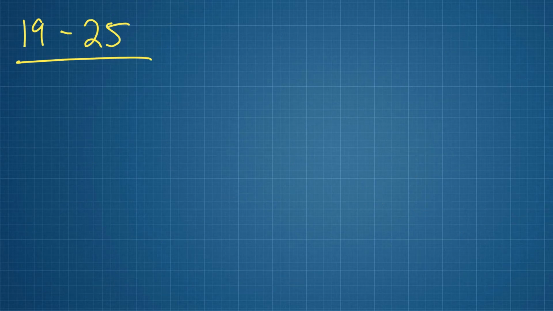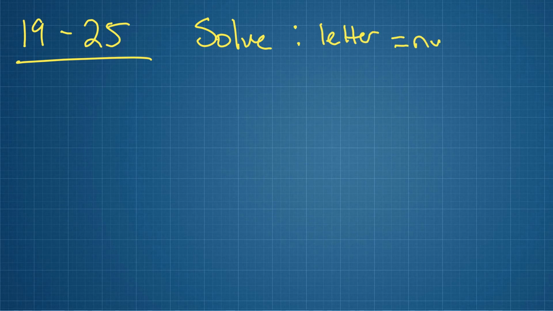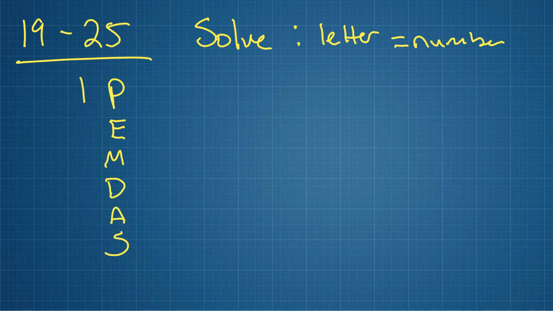All right, so 19 through 25, it has that word solve, which means you're going to have a letter equals a number at the end. That's when you're going to do solving. Okay, more than likely, you're going to be doing PEMDAS backwards. And remember, you start at the bottom and work your way up.